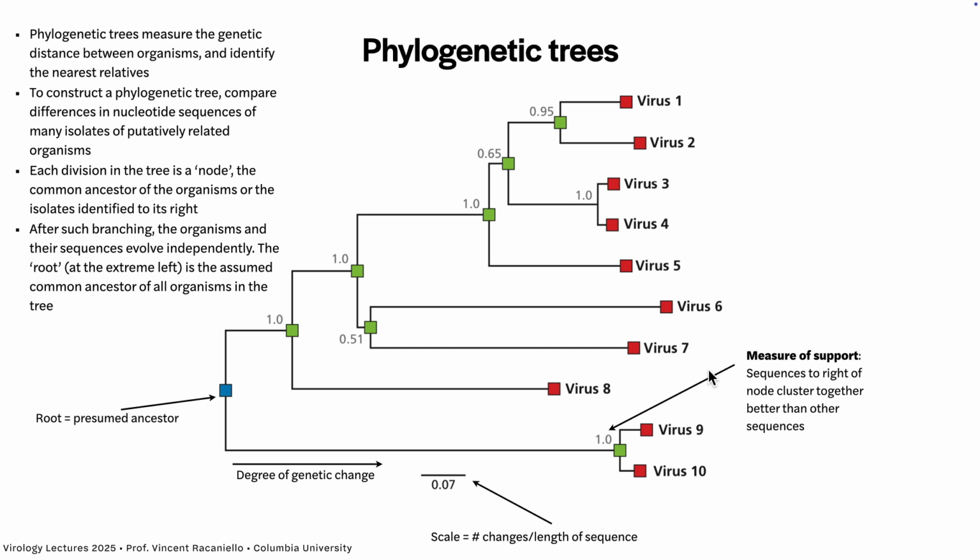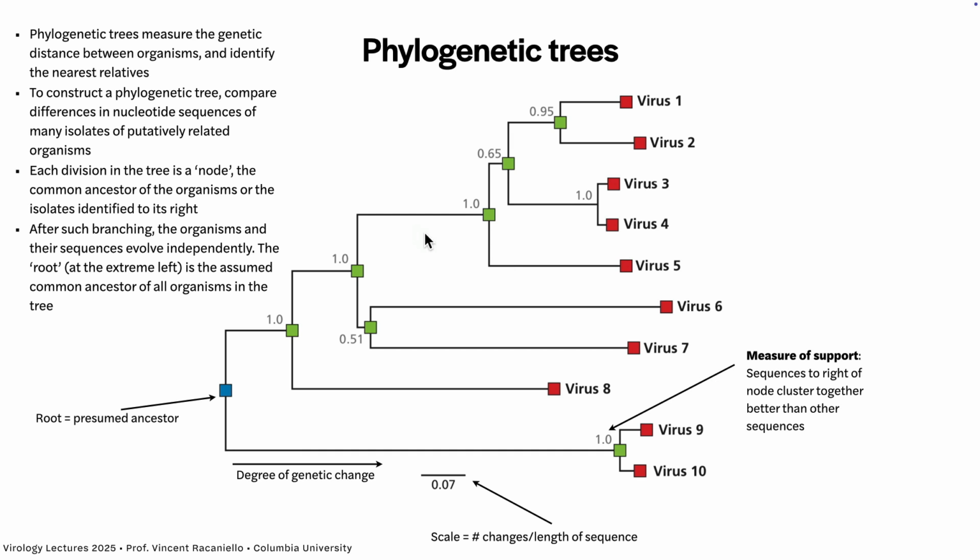The ability to sequence genomes, and not just sequence, but many genomes, has enabled us to construct phylogenetic trees. And we'll talk about these from time to time in this course, so I want to explain now what they are.